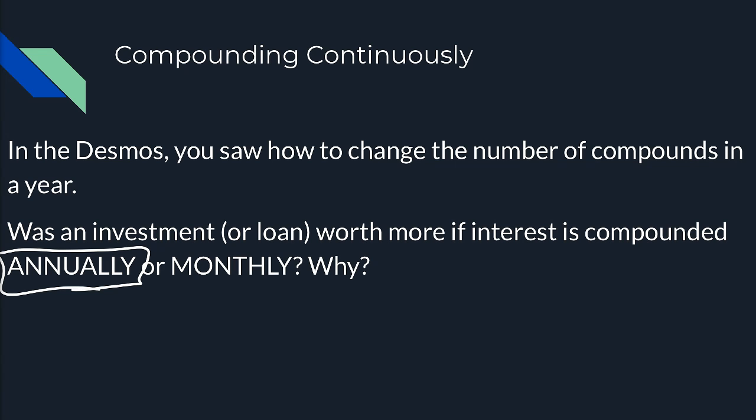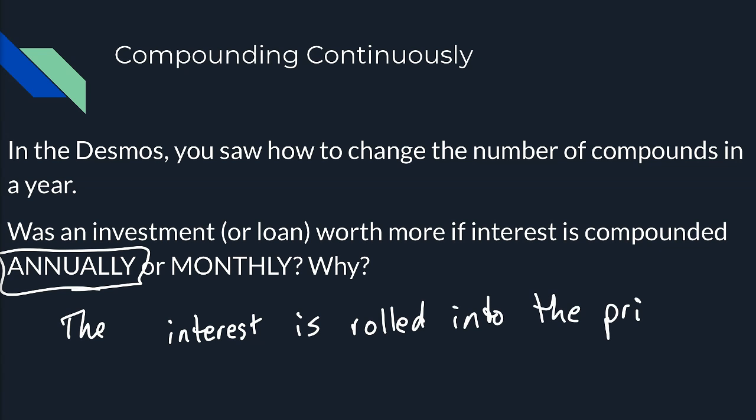So what that means is that the principal is rolled over and calculated the multiplication more often. So the interest is rolled into the principal more often. So you get more money that way.